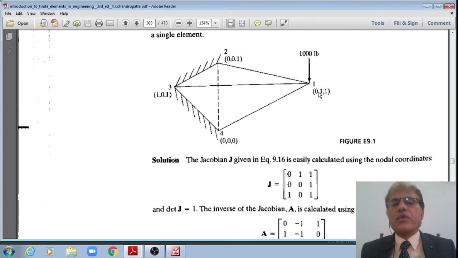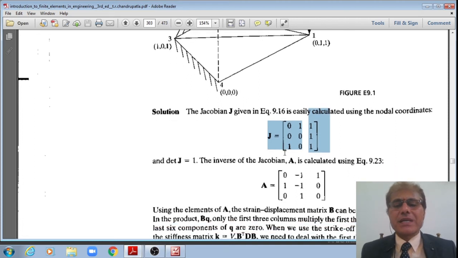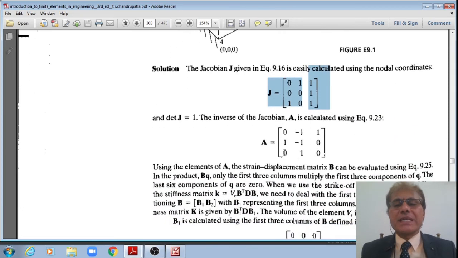Similarly y14, y1 minus y4, 1 minus 0 is equal to 1. Similarly z1 minus z4 is 1 minus 0 is equal to 1. That is how you get the first row, second row, and third row respectively. That is how my Jacobian matrix is a constant matrix, students. It doesn't depend upon xi, eta, zeta.